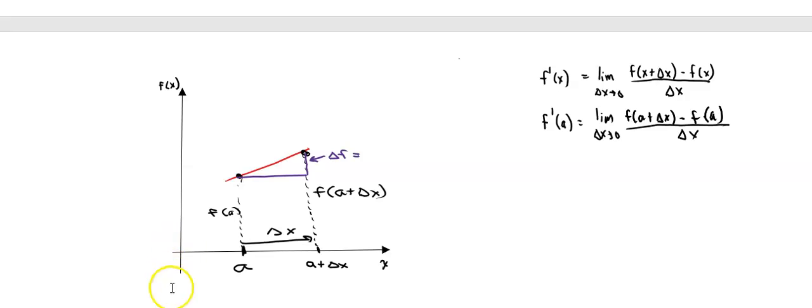So just visually, I hope you can see f of a is this vertical length right here, and f of a plus delta x is this vertical length right here. And so this delta f is the difference between f of a plus delta x and f of a. That is, delta f is that vertical length, f of a plus delta x minus f of a.